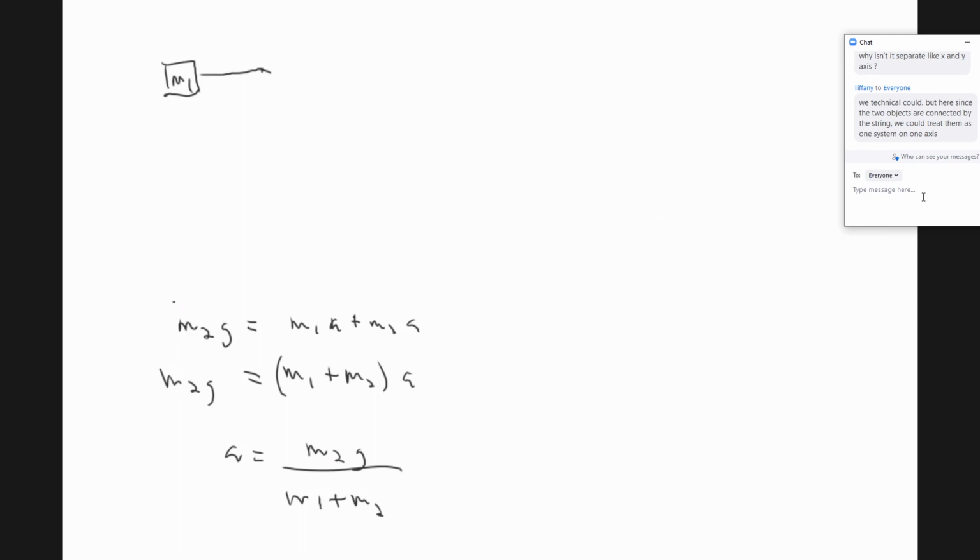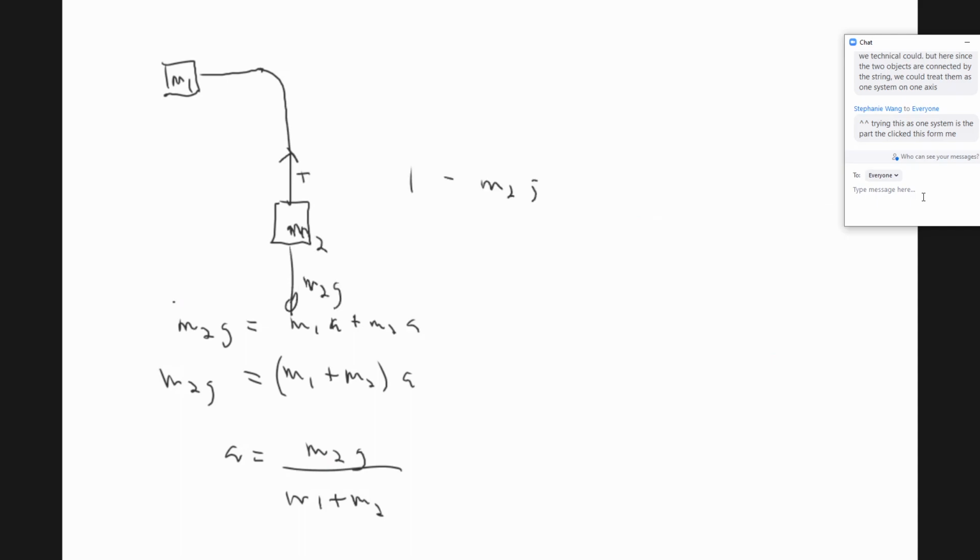So here's the rope, right? If you're going to make that case where this is M2 and this was M2G, and you made T minus M2G here, and you made this positive, then this one going this way has to be negative. So you should have written negative T is equal to negative M1A, negative M2A.